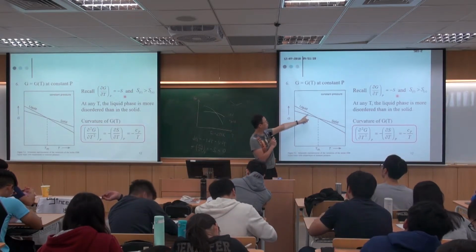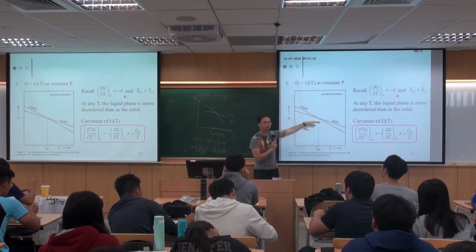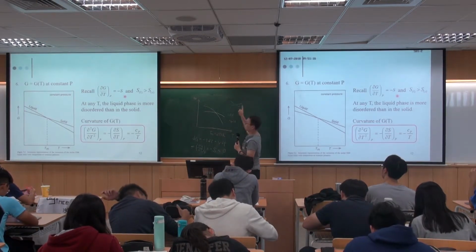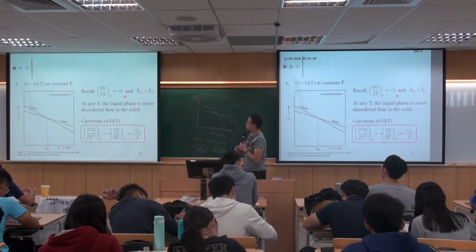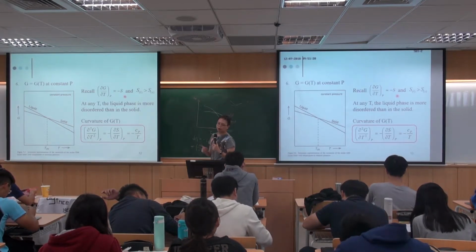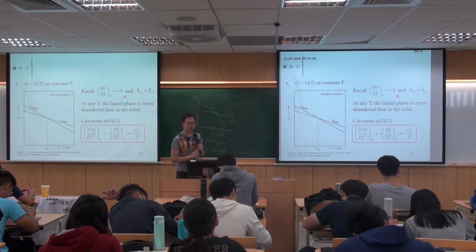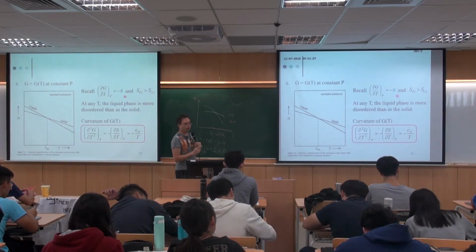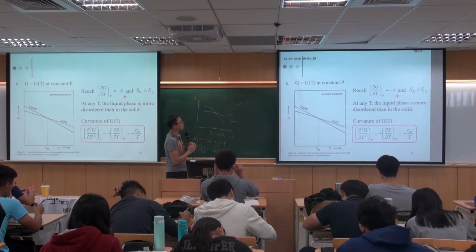Therefore, for the liquid phase and the solid phase, these two lines always have negative slope. They are not moving upwards. So that's the first derivative. The first derivative of Gibbs free energy as a function of temperature should always have negative slope.